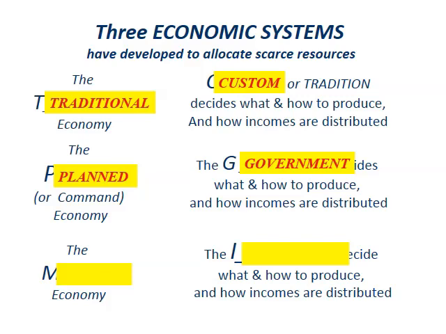And of course, with private ownership comes the incentive to work hard or harder, because as a business, the more successful it is, the more profit will go to the individual owners. And so it began to develop more and more into what we would call a market economy, where the individuals decide what, how, and for whom to produce.